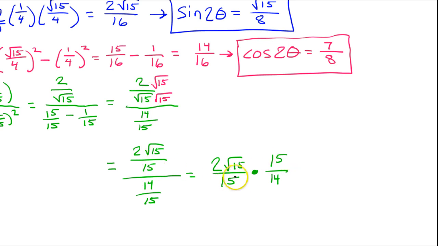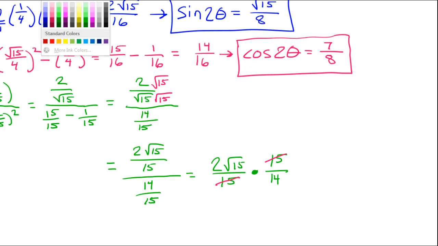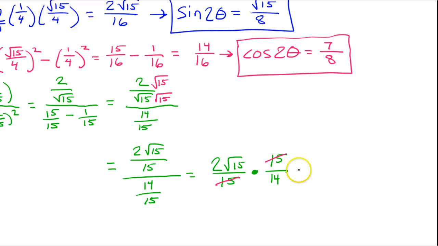So now I can easily see that these 15s are going to cancel each other out. That is why I did that, so it would work out very nicely. So now I have 2 radical 15 over 14.